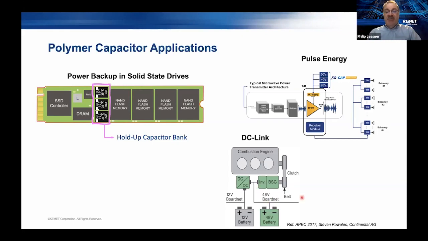And for these applications, high ripple currents and therefore very low ESRs are required, and also good environmental stability, both in a humid environment, but also stability up to 125 or 150 degrees. And really the hybrid aluminum polymer capacitors are starting to see application in this area.